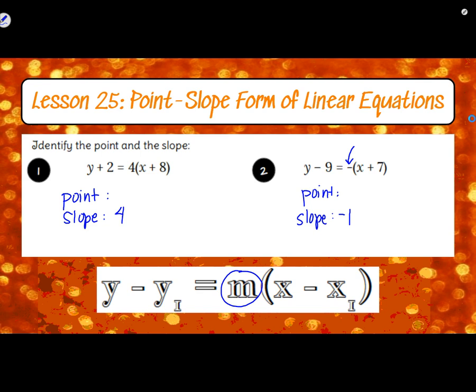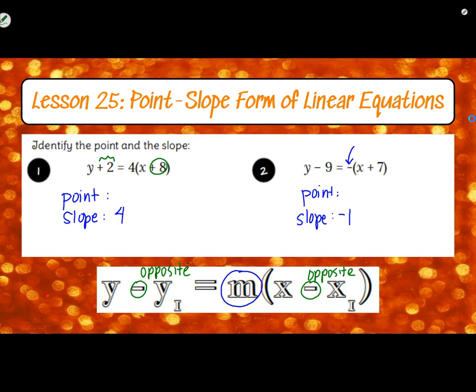All right? The point is going to come from the x part is hanging out with x, the y part is hanging out with y. So when you do this, there's supposed to be negatives in your actual equation. But when you are actually trying to figure out what number it is, you're going to do the opposite. So you're going to take the opposite of whatever you see here and the opposite of whatever you see here.